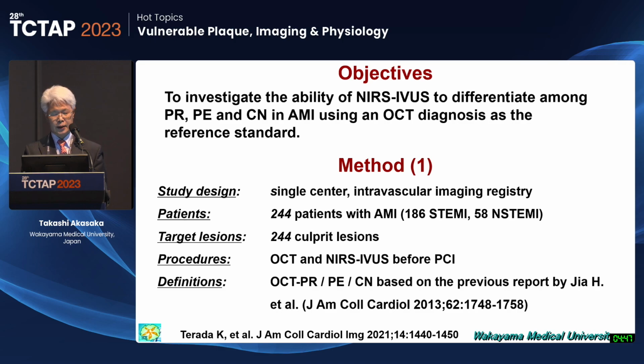For 244 culprit lesions, OCT and NIRS-IVUS were performed before PCI, and the differentiation was based on the previous report by Ik-Kyung's group.